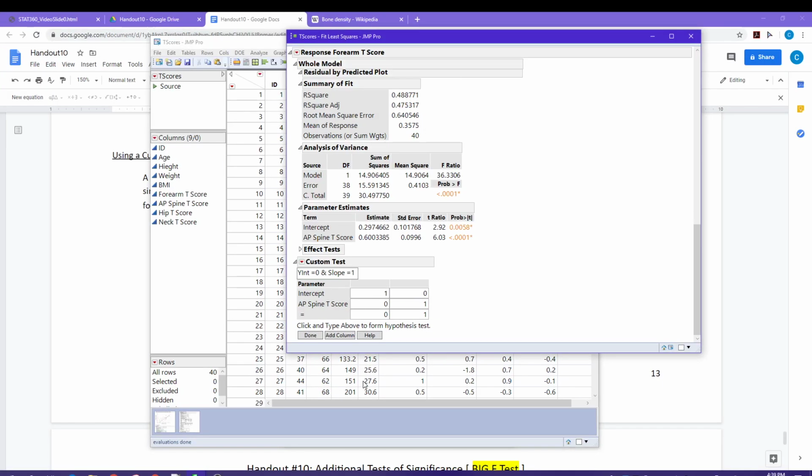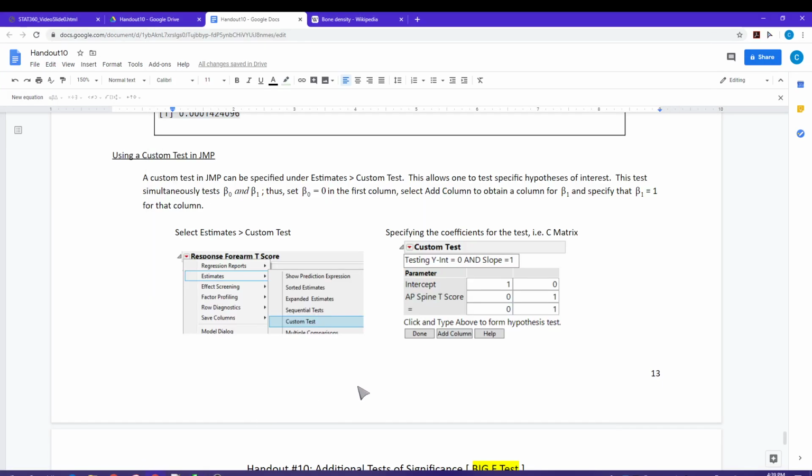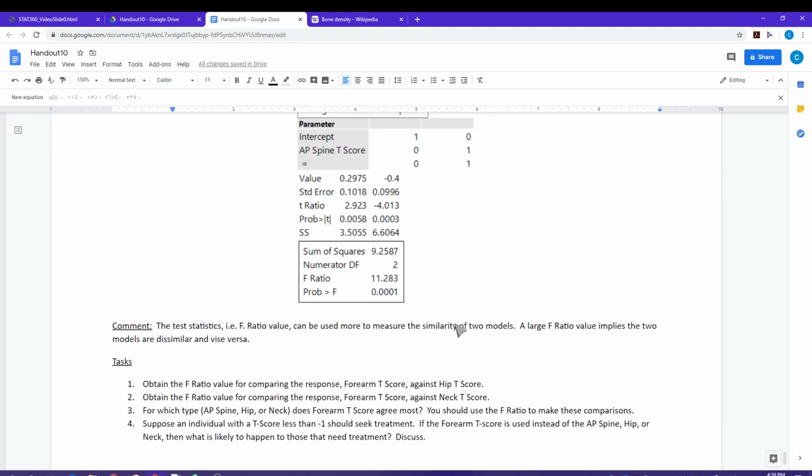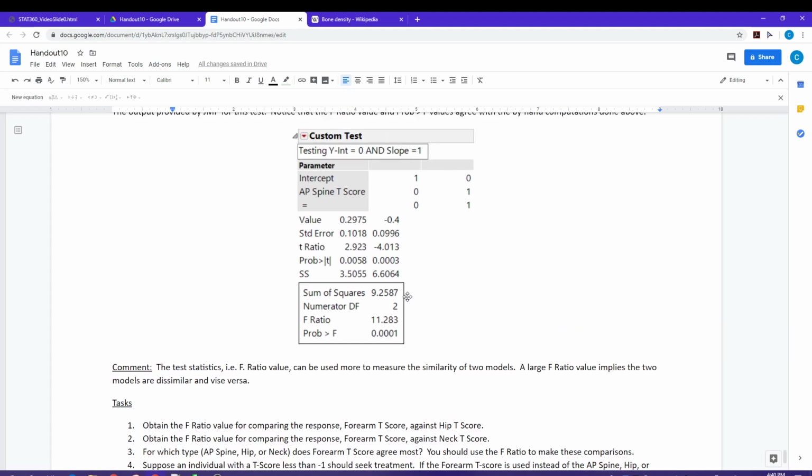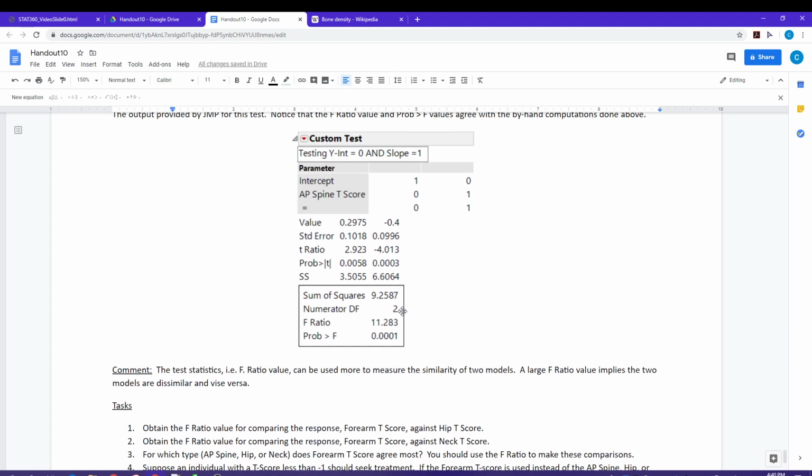And then what that's going to do is produce the output that I have here on page 14. Inside of that box there is the information that I'm going to use. The test statistic here is an F ratio value, 11.28. That's exactly the same number that we computed up above. And the probability associated with that is 0.001. You can see that my numerator degrees of freedom here is 2.